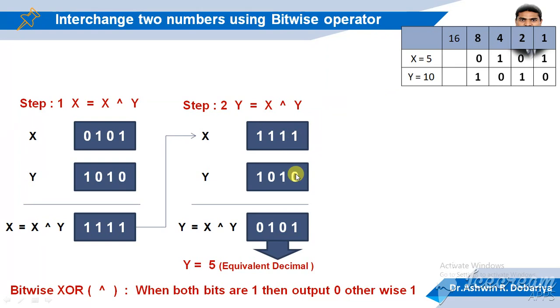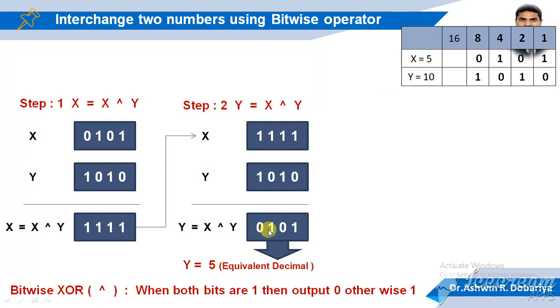Now see, 1 XOR 1: both bits are 1, and when both bits are 1, XOR gives 0. And 1 XOR 0 gives 1. This output will be stored in y. So now the latest value of y is 0101.